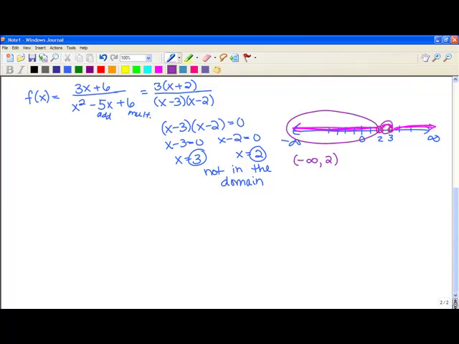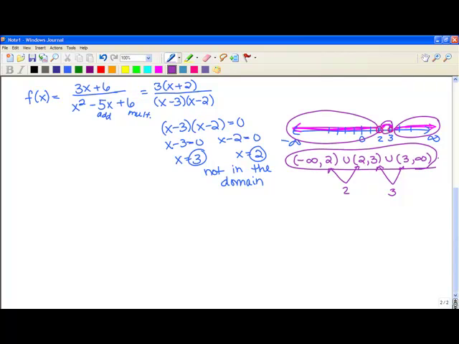Then the middle portion right here is between 2 and 3. And then the area on the right is 3 to infinity. Notice that we are taking out 2 and we're taking out the number 3. So this is how we'll write the domain in interval notation.